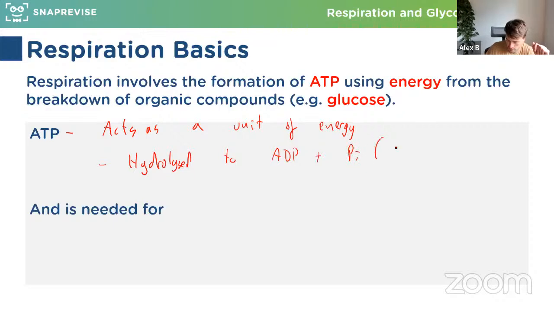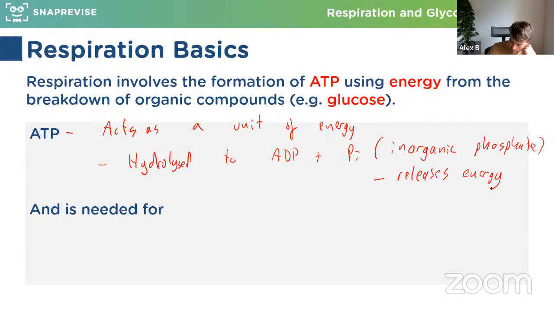This stands for inorganic phosphate. Hydrolyzed to this, and this releases energy. And this can be used for lots of different processes in the cell.